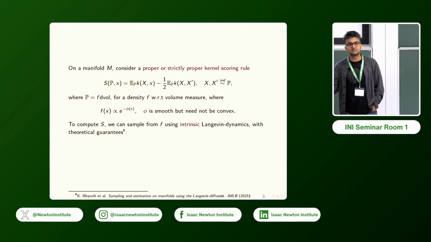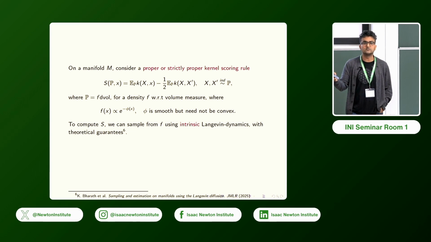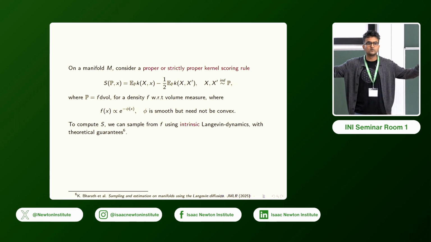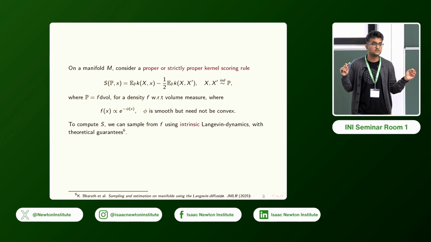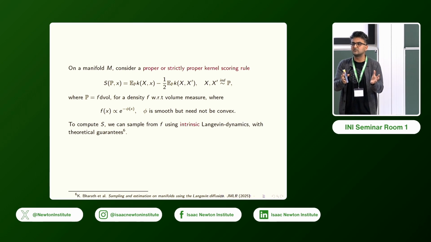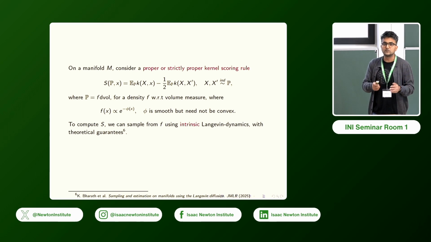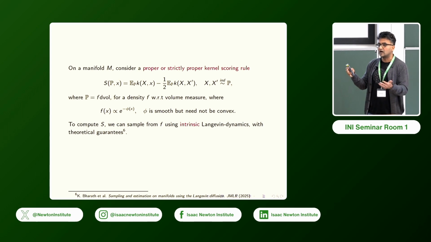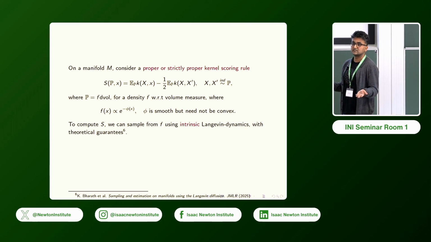It's very difficult to just define abstract measures on manifolds. Typically, you would have some kind of density. You'll start off with a non-negative function, and then you'll have a dominating measure, which is the volume form, and then you'll write it up to a normalizing constant. Unless you have some very nice spherical or very standard manifold, it's very difficult. So the usual way is to write the measure as a density up to an unknown normalizing constant.